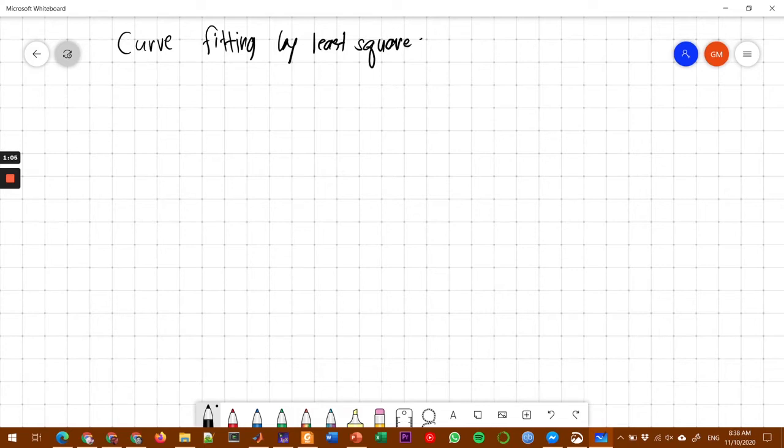I don't know if some of you have already discussed it before, but I just have to discuss it again and review it in case you've forgotten this important concept. Now, it is called least square for a very good reason. Because the idea is to look for the difference, the error, and you square it and then you take the minimum value of that. So that's the idea of least square.